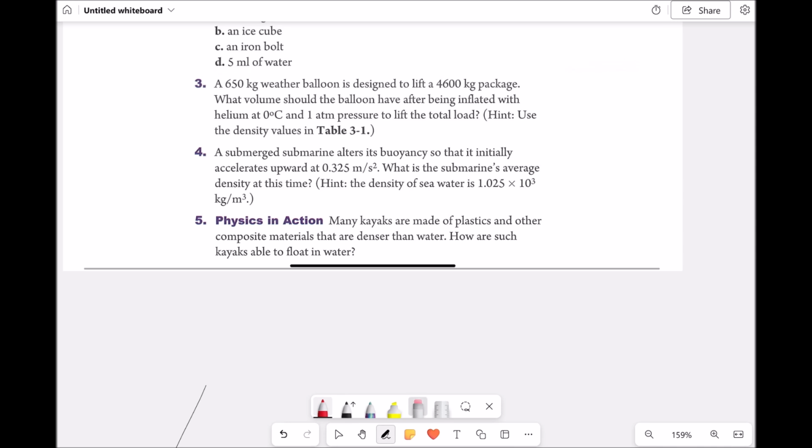Something else we can say is that the kayaks are designed in a way to displace a greater amount of water, okay? So if it displaces a great amount of water, then it's going to have a larger buoyant force on it. Therefore, they're not going to sink and they're going to float.